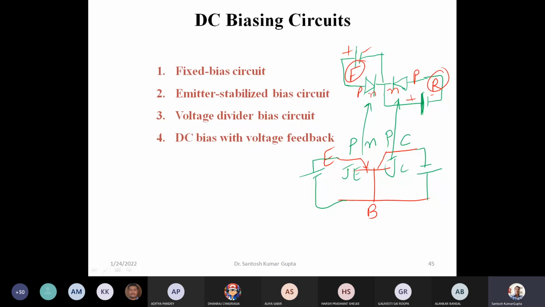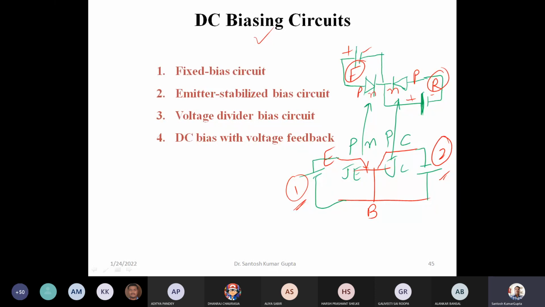So to avoid needing these two independent voltage sources, we use some specialized circuits. These are called biasing circuits.